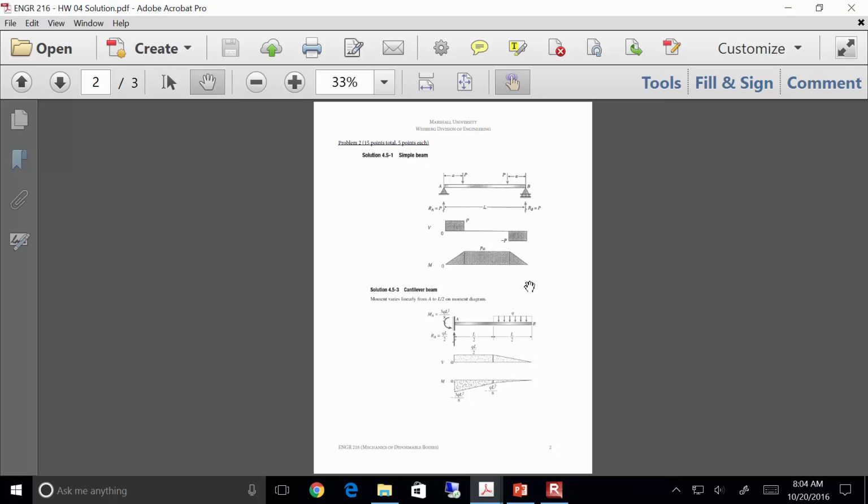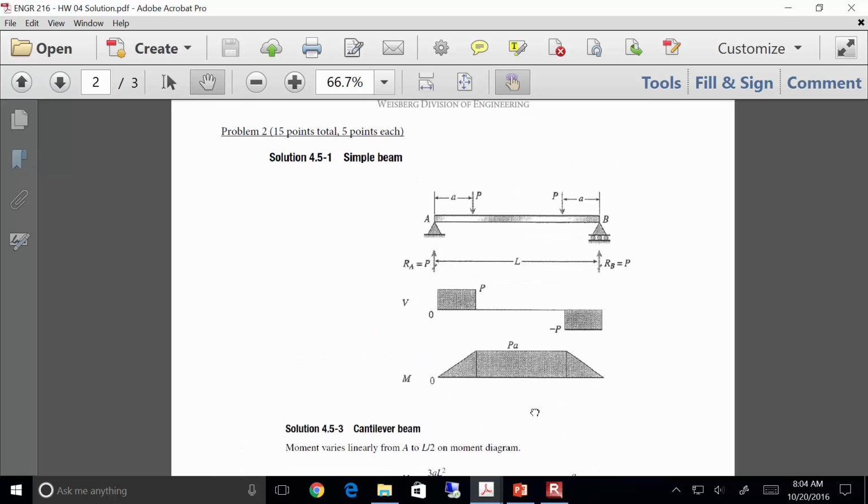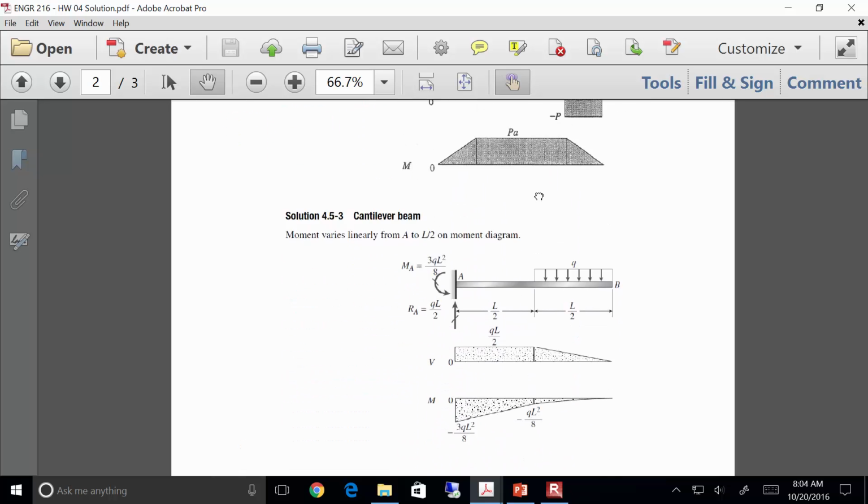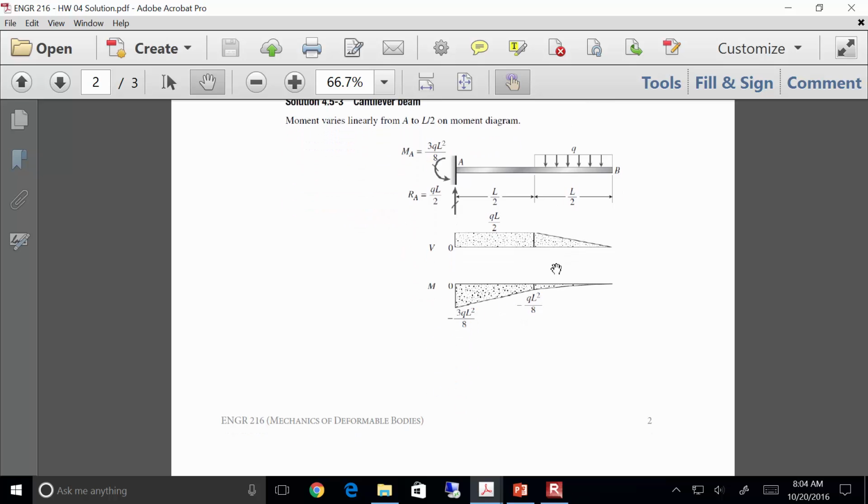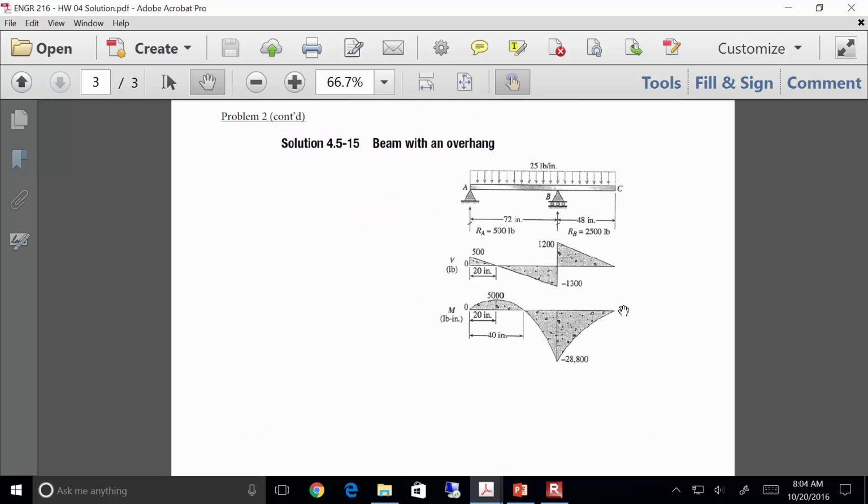And then here's the shear and moment diagrams. Here's the one for problem 1, there's the one for problem 2, and then there's the one for problem 3. I think in the end this was pretty straightforward. So I know my structural analysis folks are probably getting a little tired of this stuff at this point, but it can't be said they didn't learn how to draw a shear and moment diagram at Marshall.